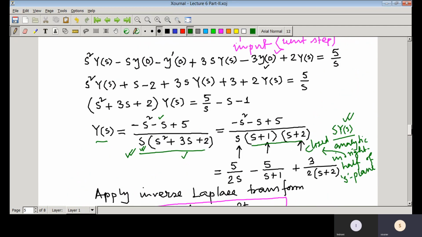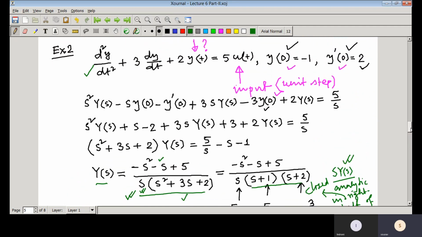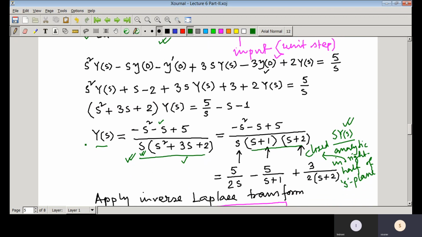The important thing is, whenever a second order differential equation is given, it has many physical interpretations like spring mass damper systems, RLC circuits, or some other second order systems. Or you may be given one transfer function.